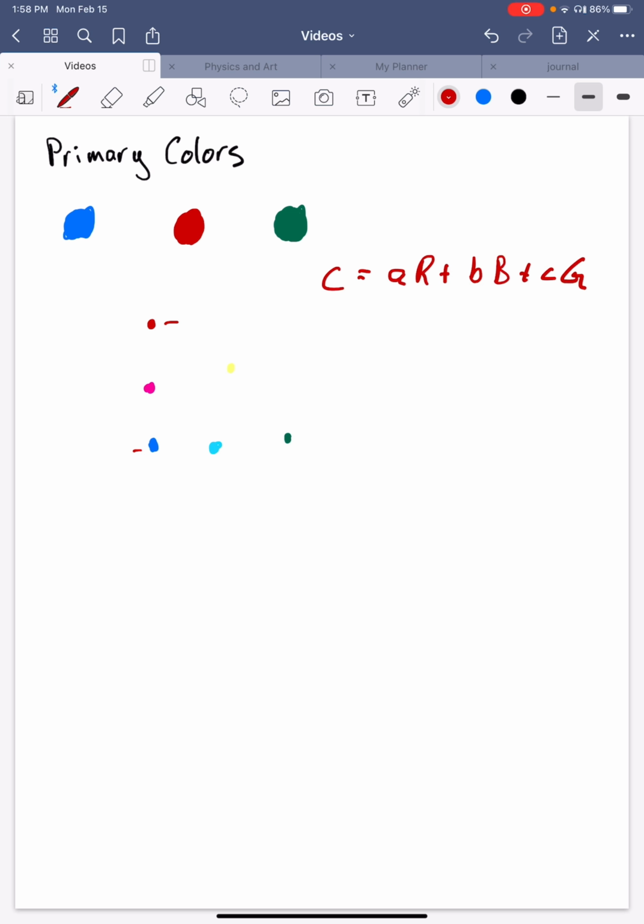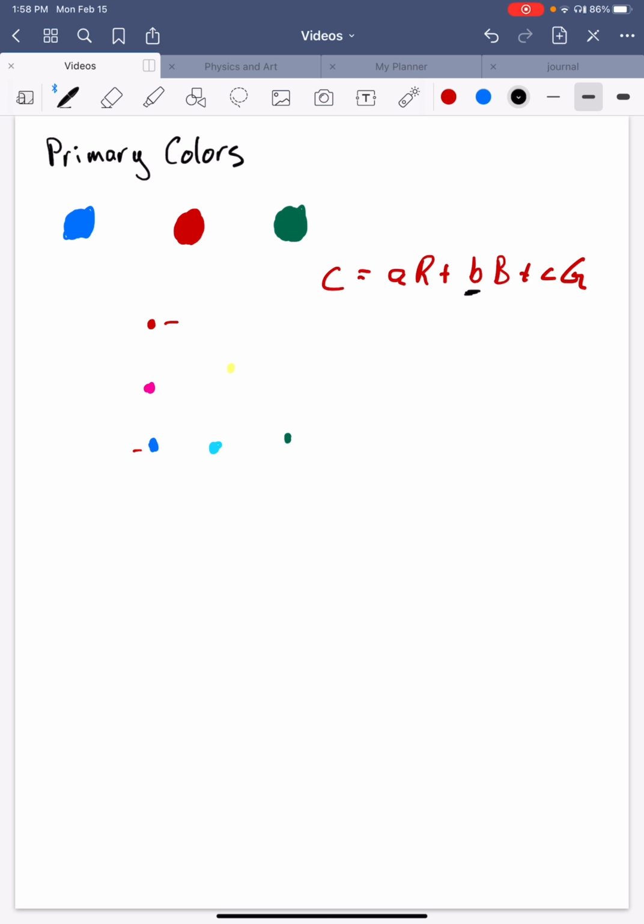So 1 red, 0 green. And that also means 0 blue because they all have to add up to 1. But I only give the red and the green ratio. So green would be 0, 1, and blue would be 0, 0, with the third complement, this B here, being whatever's left over to add up to 1.